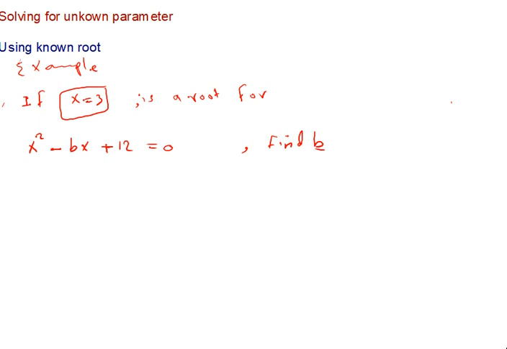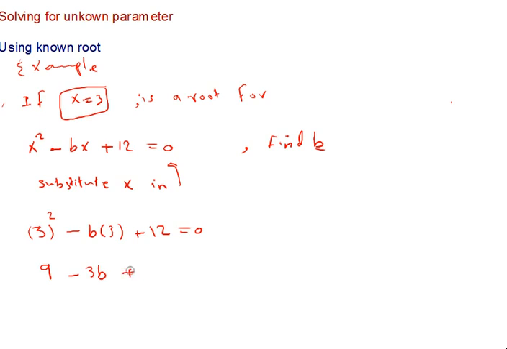In this case, we have x, so we can easily substitute it in the equation. I have 3 squared minus b multiplied by 3 plus 12 equals 0. So 9 minus 3b plus 12 equals 0.